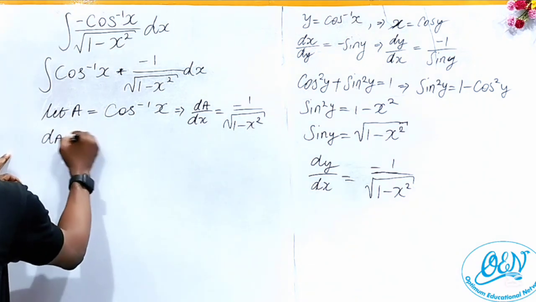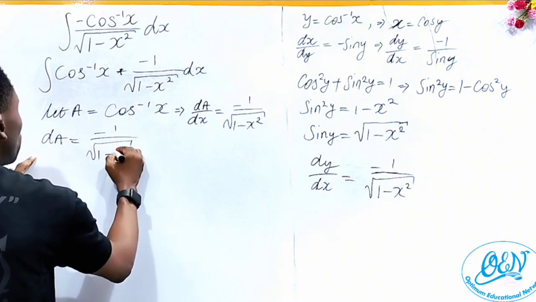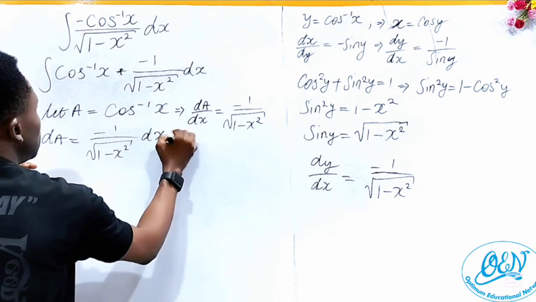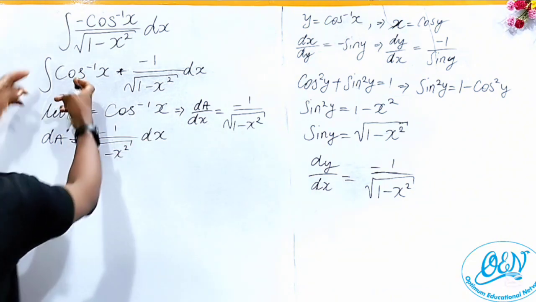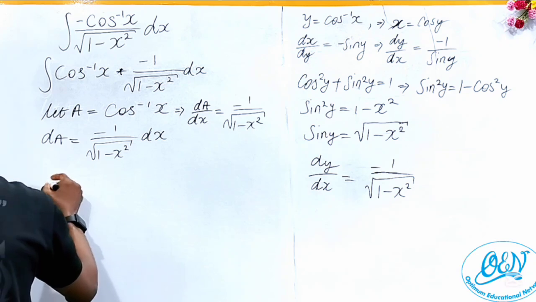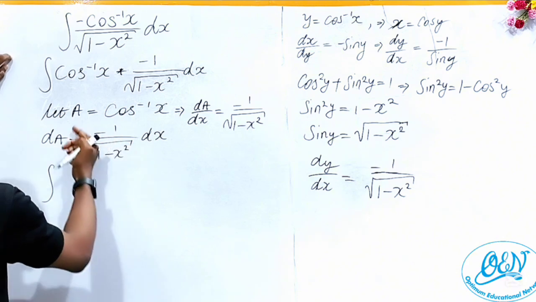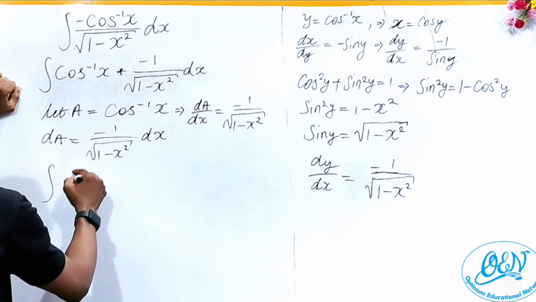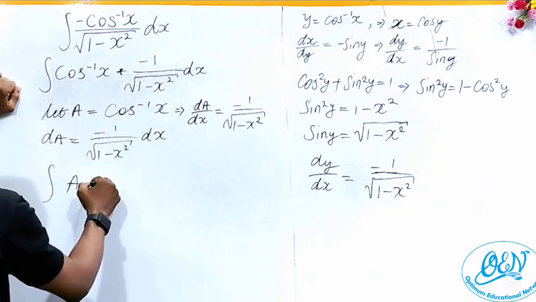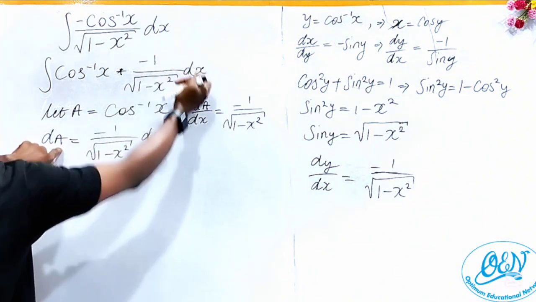Therefore, da itself will be equal to minus 1 over root 1 minus x squared dx, if we multiply both sides by dx. So we have this now. So this integral can be rewritten as the integral of a da. This is what you have here.